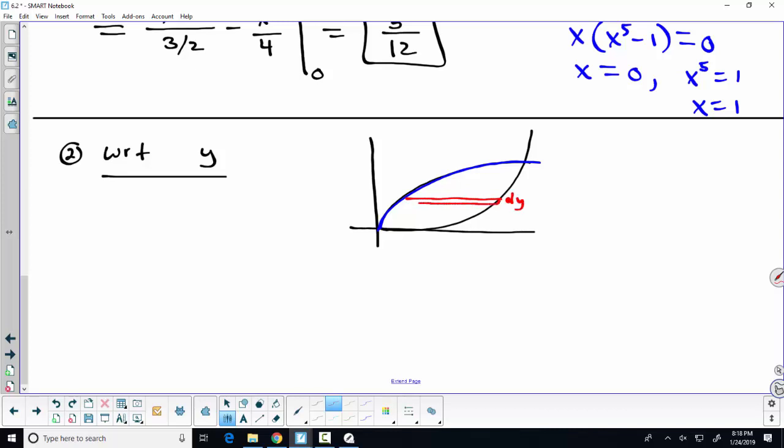So that's dy. Which now means you've got to solve both of those curves for x. So if this is square root of x, then that's y squared equals x. Y equals x cubed, and that means x equals the cube root of y.